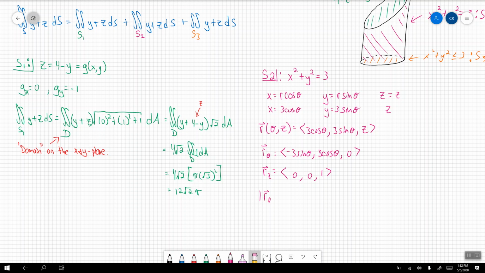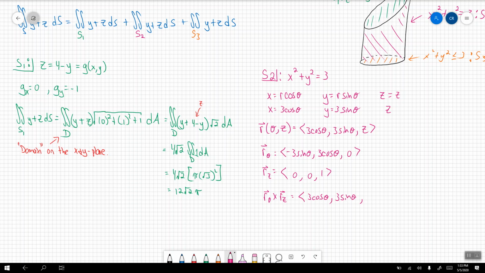Oops. I wrote here magnitude, but I'm not doing a magnitude just yet. Cross r of z. Alright, so the first component, that's going to cross out, and then it's going to be 3 cosine theta. And then the next component, the j component, that's going to cancel out, so it's going to be 3 sine theta.